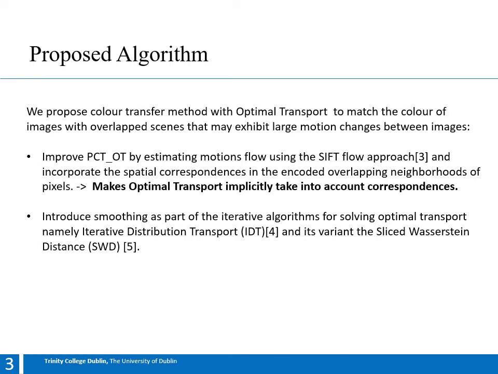We incorporate these estimated spatial correspondences in the encoded overlapping neighborhood of pixels, and this new formulation makes optimal transport implicitly take into account correspondences when computing the optimal solution. Our second contribution is to introduce smoothing as part of the iterative algorithm for solving the optimal transport, namely the IDT algorithm and the Sliced Wasserstein algorithm.